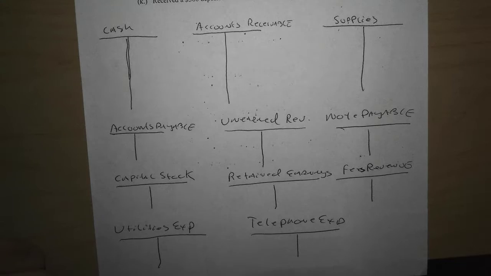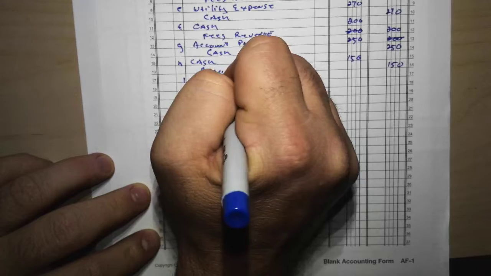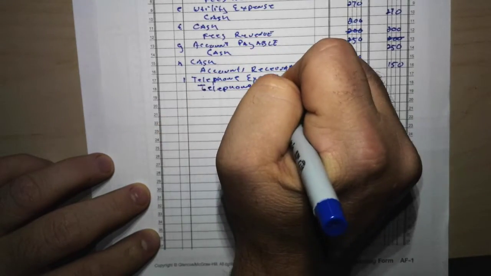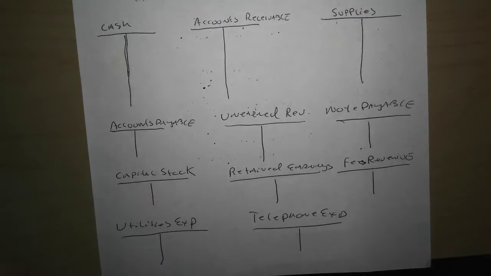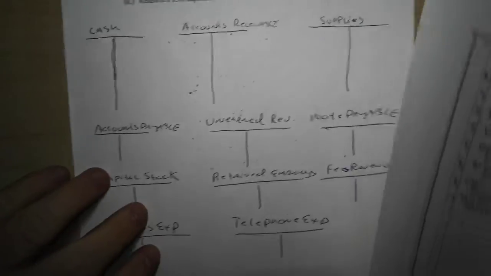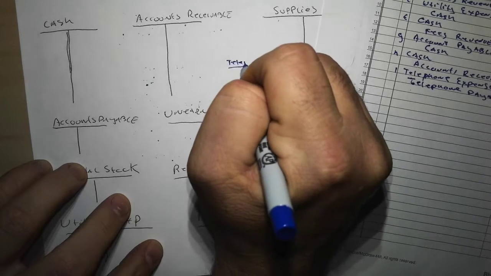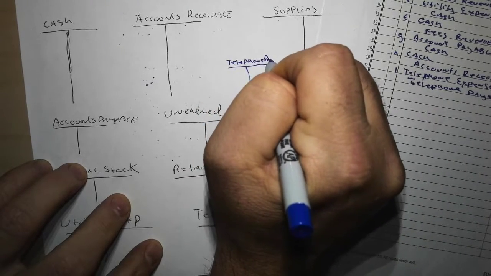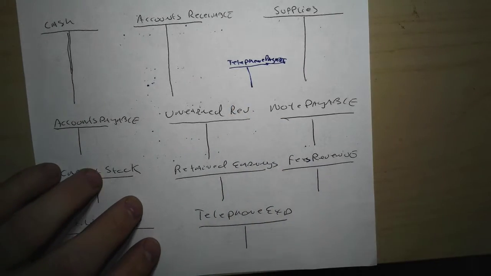We're going to have to make an account called telephone payable, because it's not listed as a liability. So I'm just going to put the T account in there right away for telephone payable. And we'll use that later.